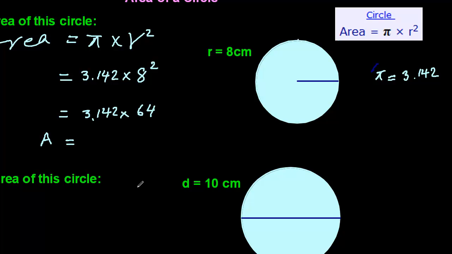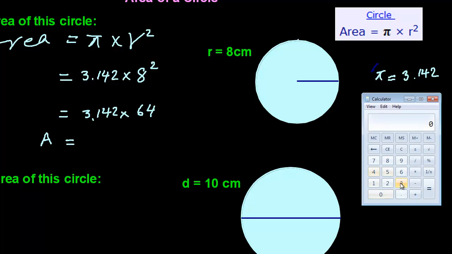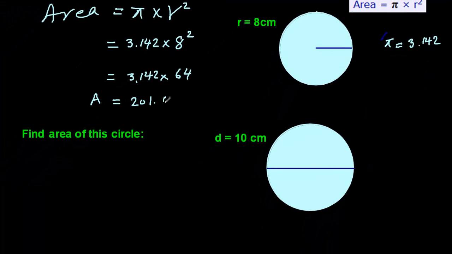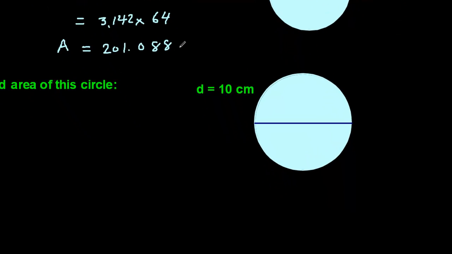Using the calculator, 3.142 times 64 gives me 201.088 centimeters squared. You can round it to one decimal place because we're dealing with centimeters, so it's 201.1 centimeters squared.